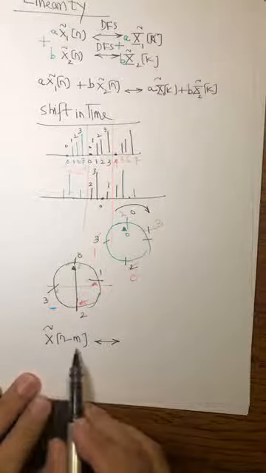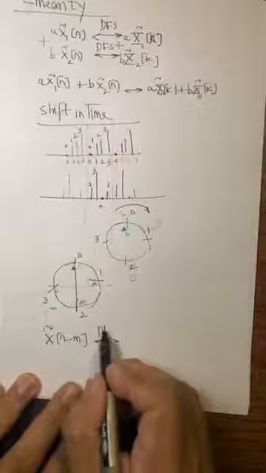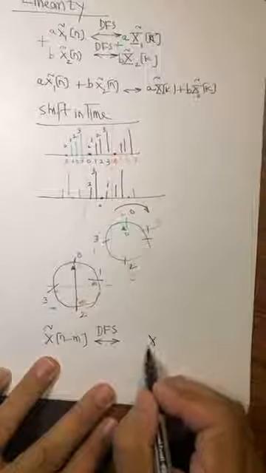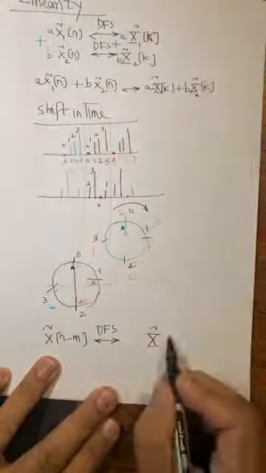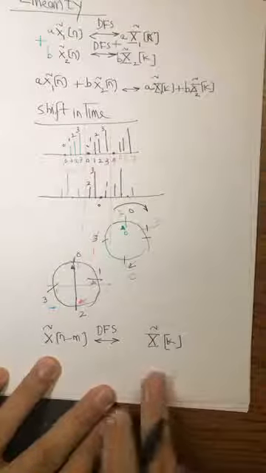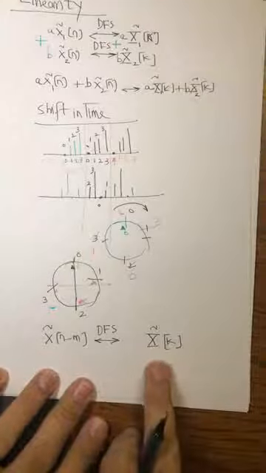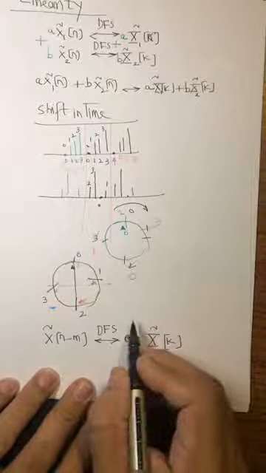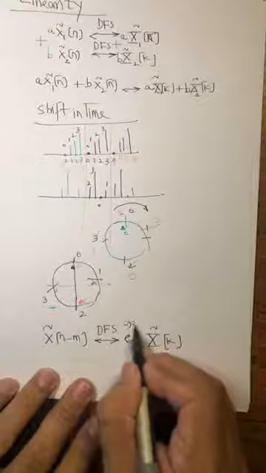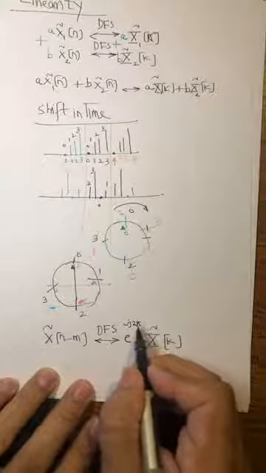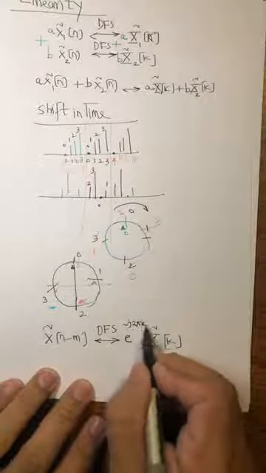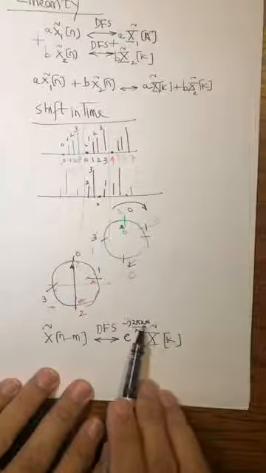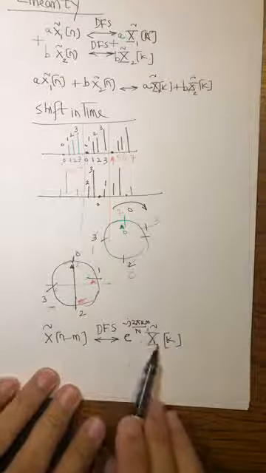If you shift a periodic signal and take its discrete Fourier series, you need not recompute all the coefficients of the new periodic signal. They are going to be the same as before, only you need to multiply them with the exponential, exponential minus j2 pi k m over n, if you are shifting by m.